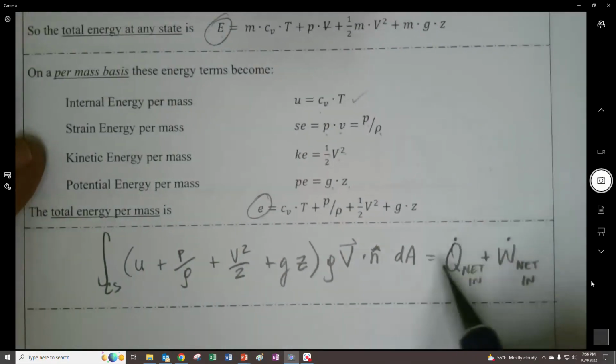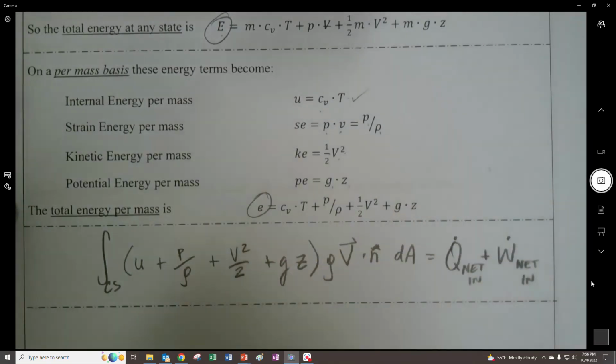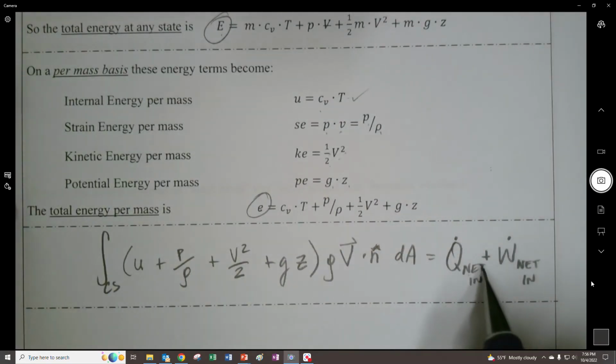So if instead we go along a streamline and say we have a conservation, we don't have anything coming in externally.